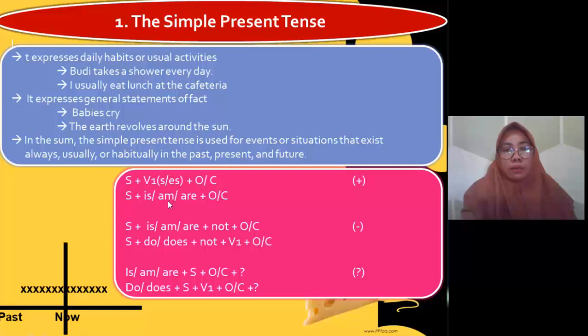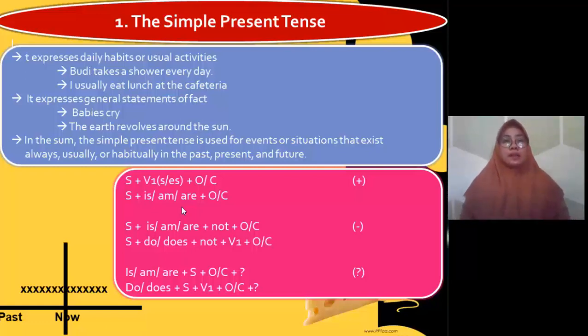But if there is no verb, you use to be. To be in the present time is am, is, are. Is is for the subjects she, he, it. Am is for the subject I, and are is for plural subjects: they, you, we.